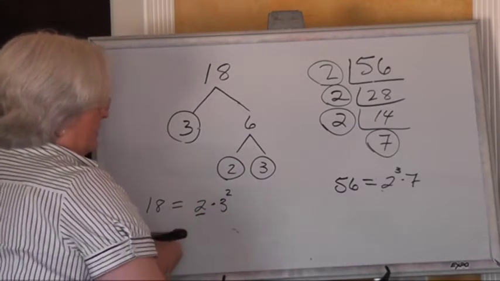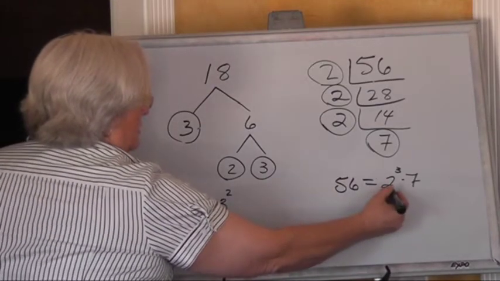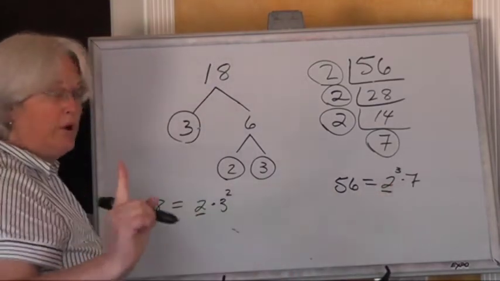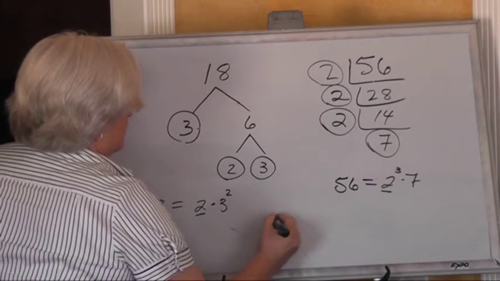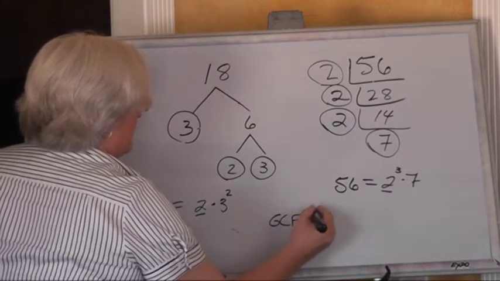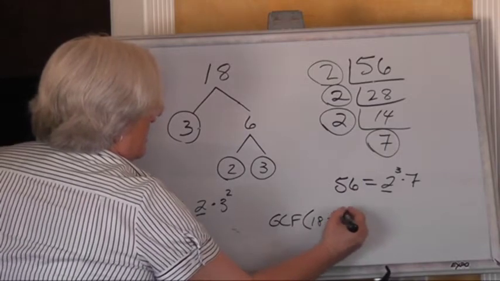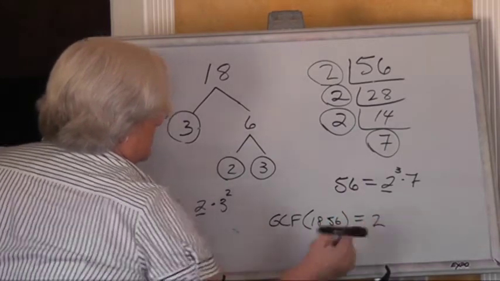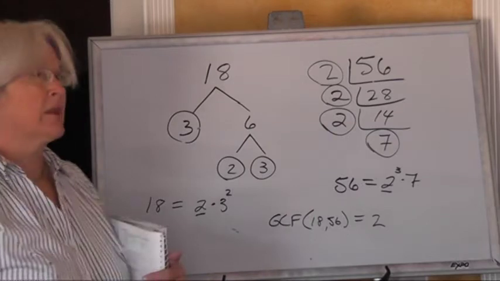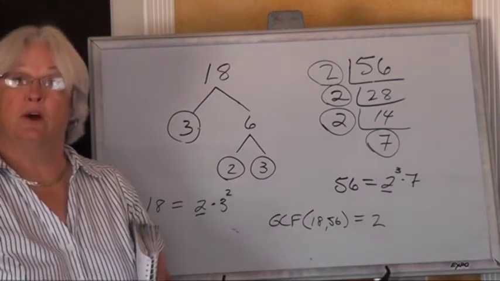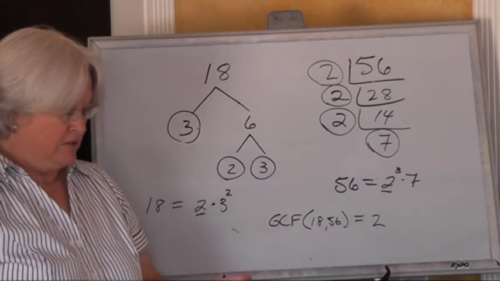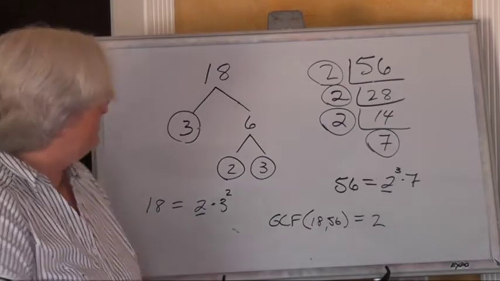Well, they have a 2 used as a factor 1 time. So the GCF of 18 and 56 is simply 2. There's no other factor that these two numbers have in common.